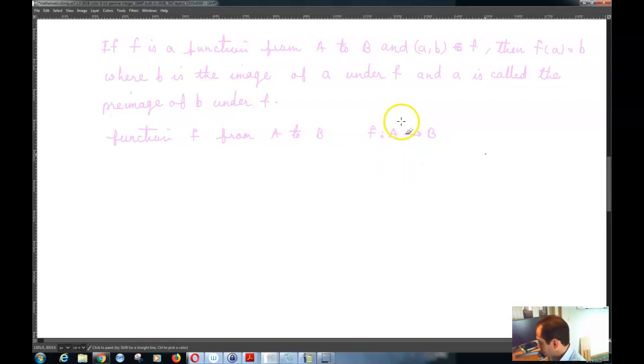Now let's go back to a couple of examples that we had before. So far we have been talking about different relations. For example, we had example number 7.